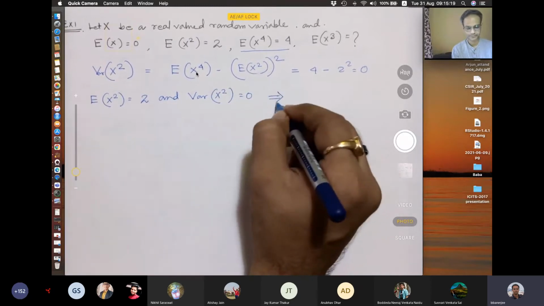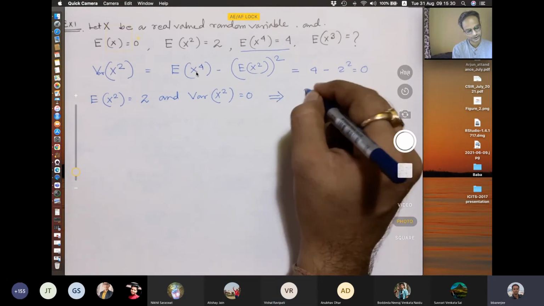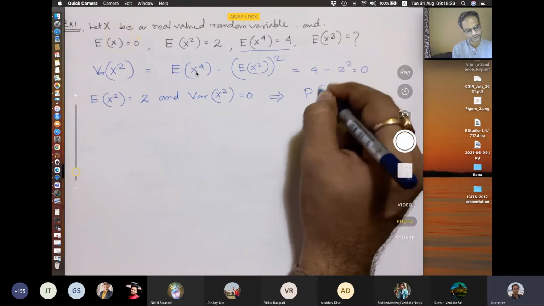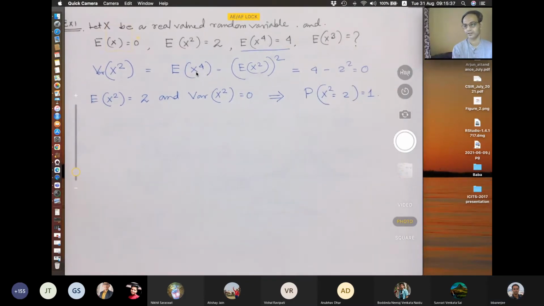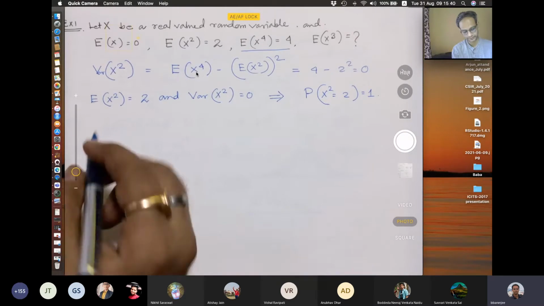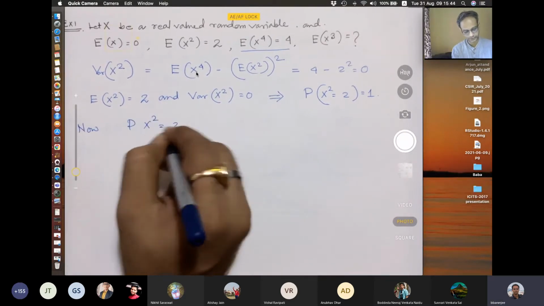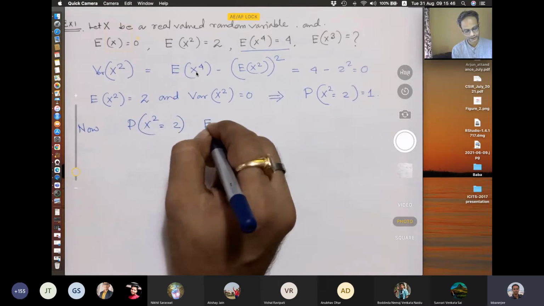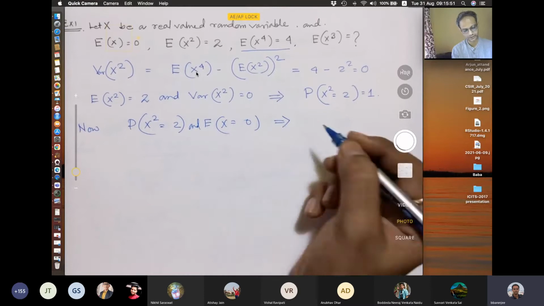What does it imply? X square is 2. The probability of X square equal to 2, that probability is 1. So from now, probability of X square equal to 2 and expectation of X equal to 0. These two things, what do they imply?